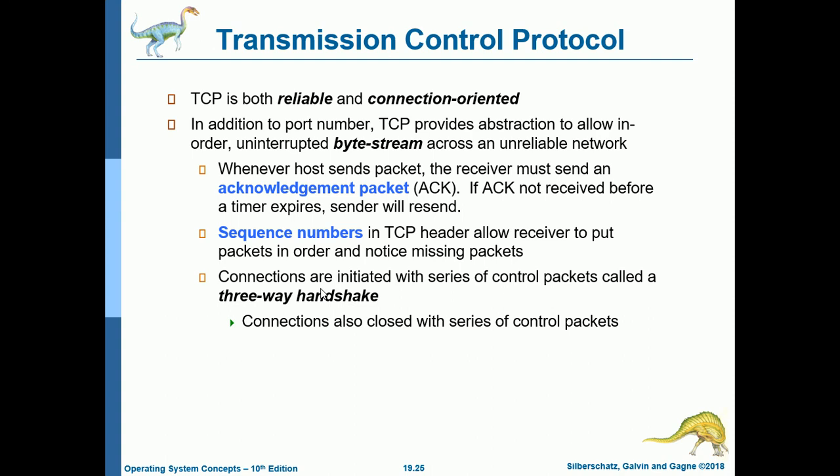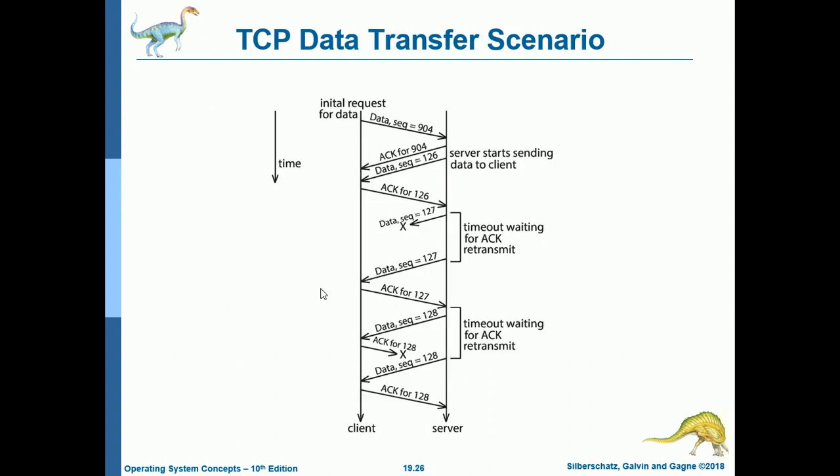So connections are also closed with a series of control packets. So we have the TCP data transfer scenario. Again, we have the client and server. The client has a request for data. So we have the data sequence 904. The server starts sending data to the client.